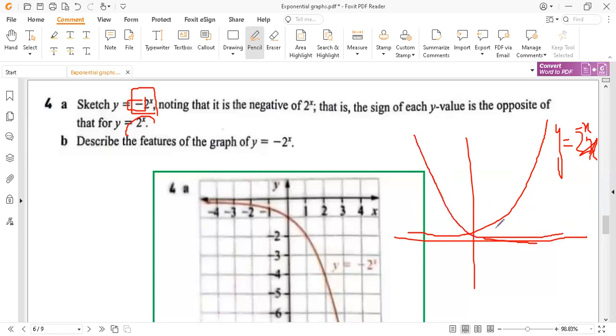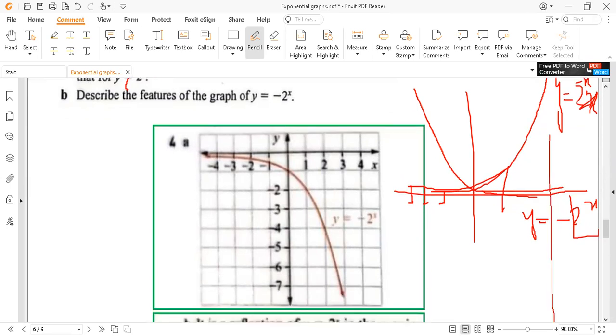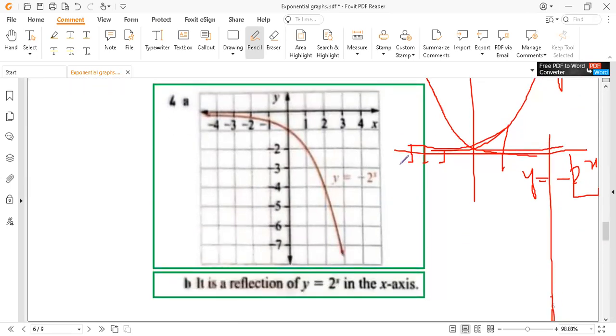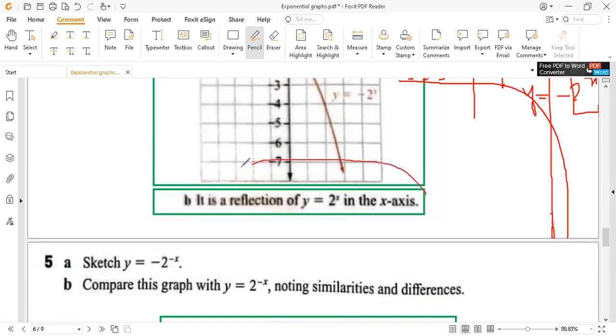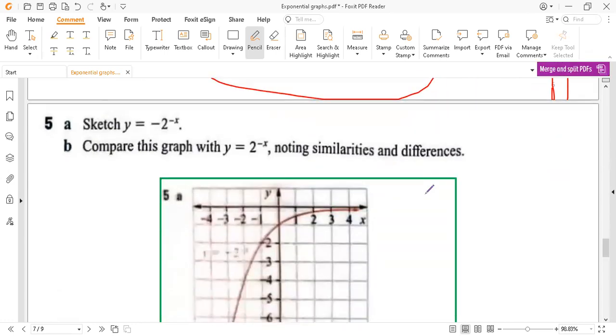If instead we have y equal to minus 2 power x, it is the same as 2 power x, but with a minus. What do we mean by minus? Each point is reflected to the x-axis, so we obtain the same graph, but reflected in the x-axis.